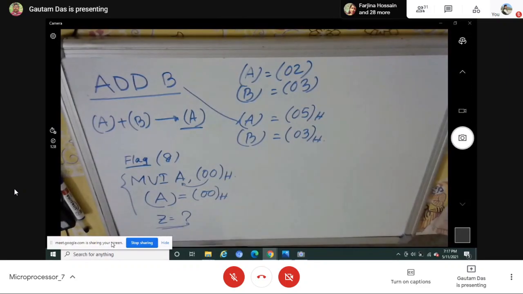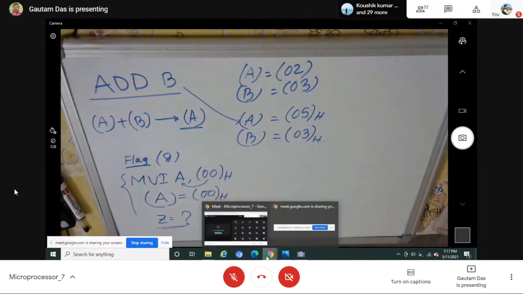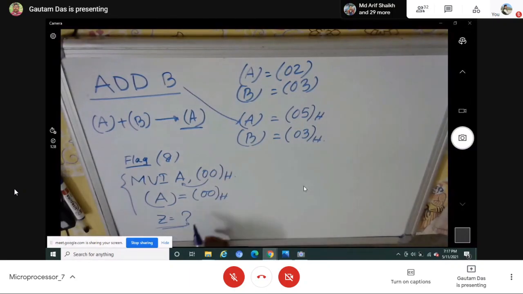Can anybody say what will be the value of zero flag after this MVI A, 00 instruction? Can anyone suggest what will be the content of zero flag after the MVI A instruction? You are telling the zero flag should be 1.